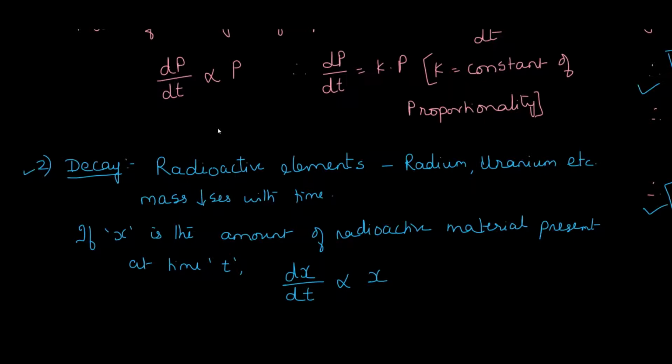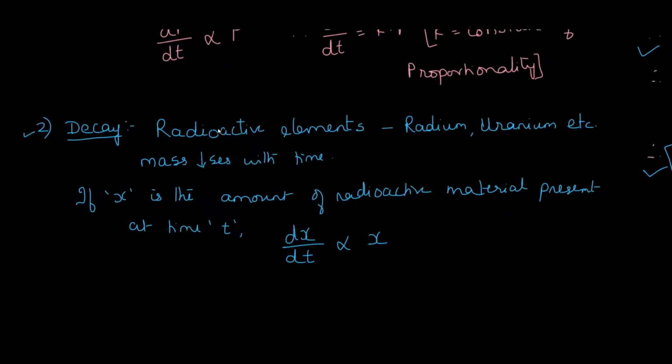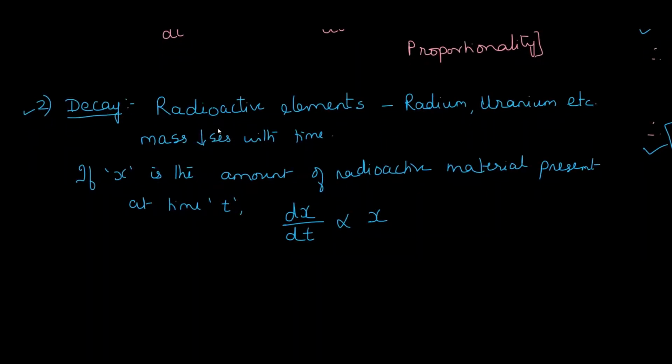So dx by dt is proportional to x. We can change the proportionality sign into an equal to sign by writing a constant there. So we write dx upon dt is equal to minus kx.